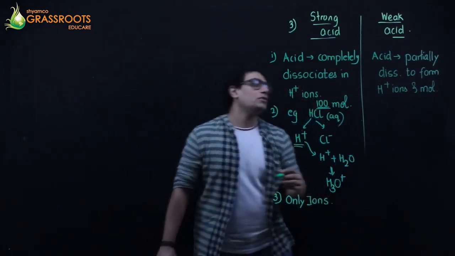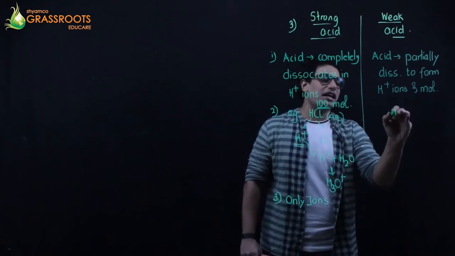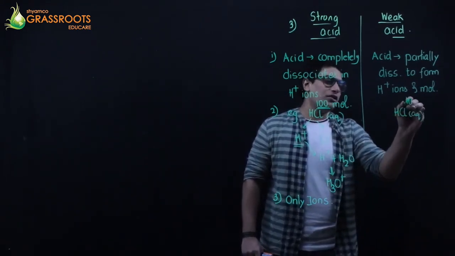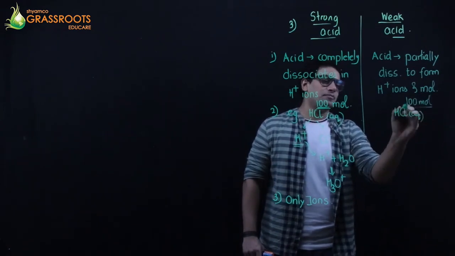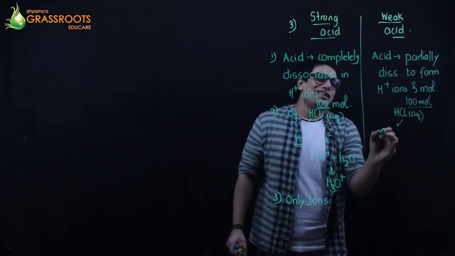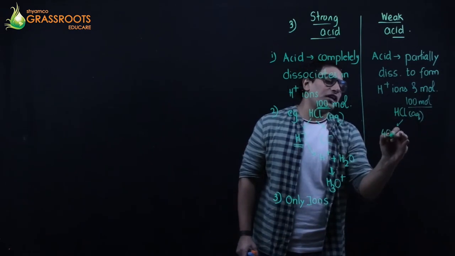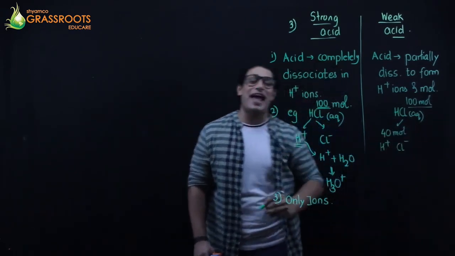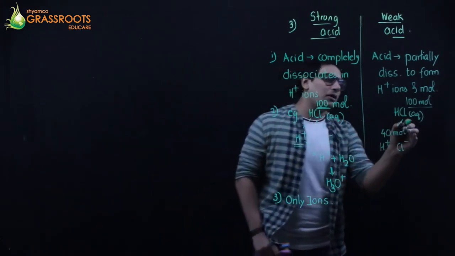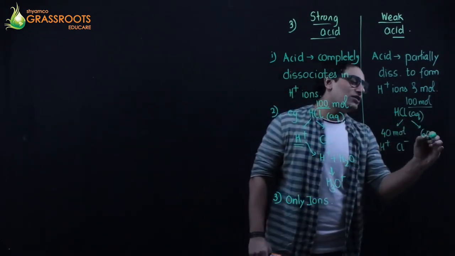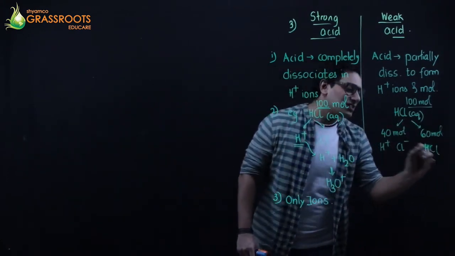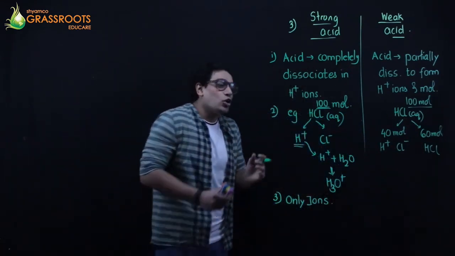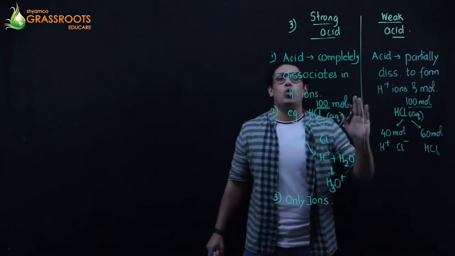For example, if I take HCl again, 100 molecules here. Okay, out of which let's assume 40 molecules have broken or dissociated to give H plus and Cl minus. But बाकी के जो 60 molecules है ना, out of 100, they are still HCl. They have not broken their bond. Their covalent bond is not broken.